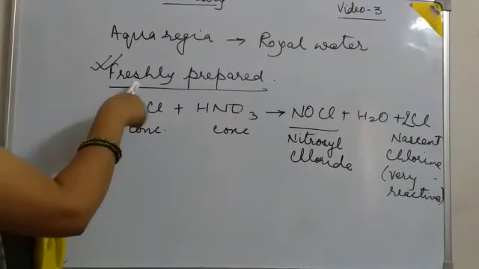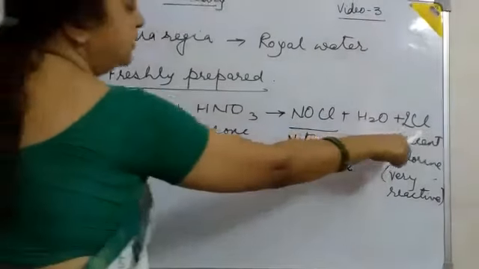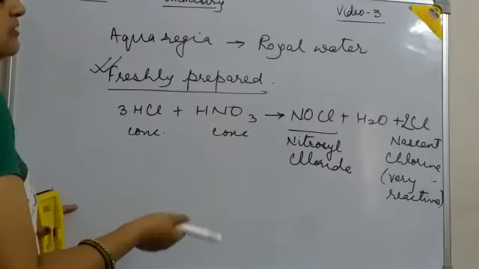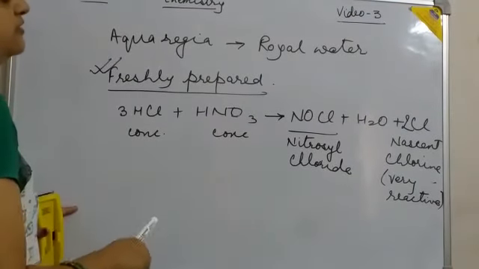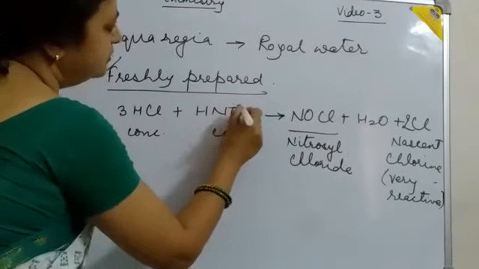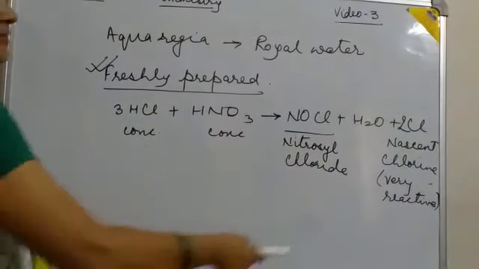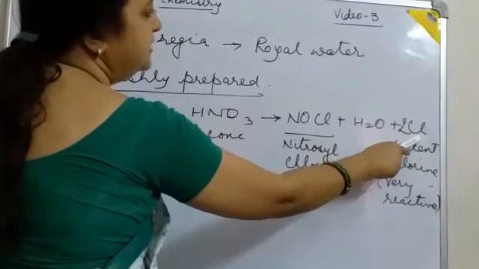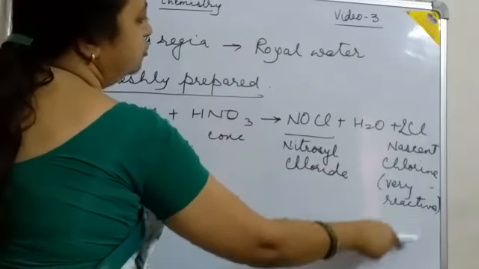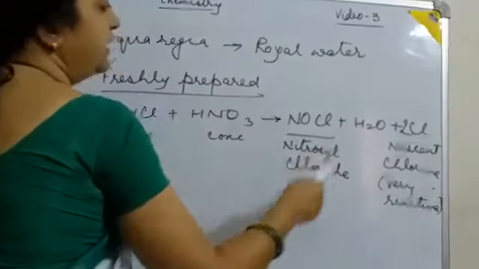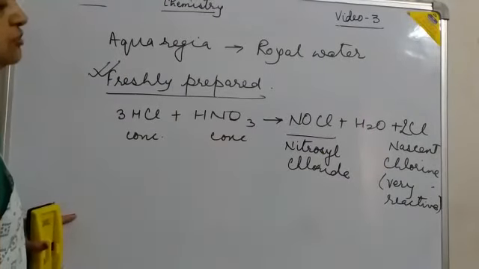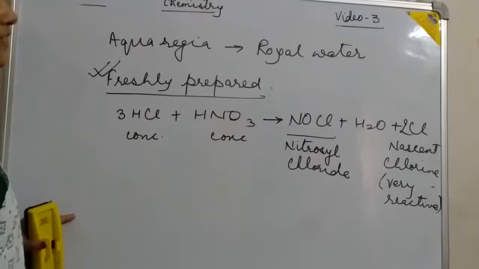Why is aqua regia freshly prepared? Because if you combine these two and leave the mixture for some time, after some time these two chlorine combine together to form Cl2. Then there is no effect of chlorine gas or chlorine molecule on gold or platinum.